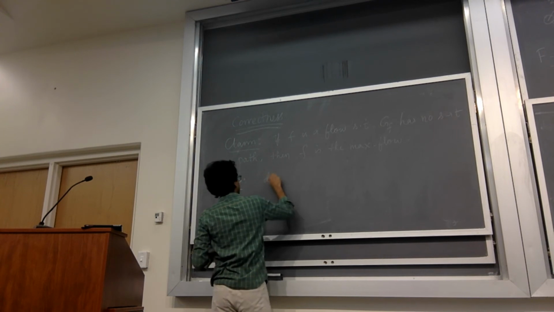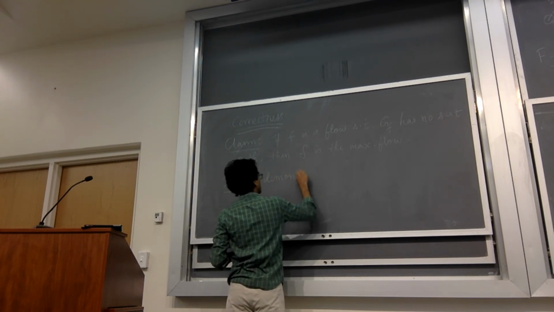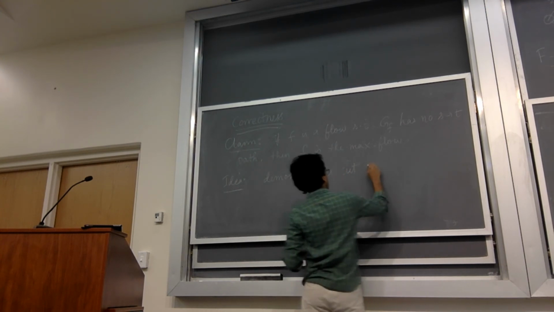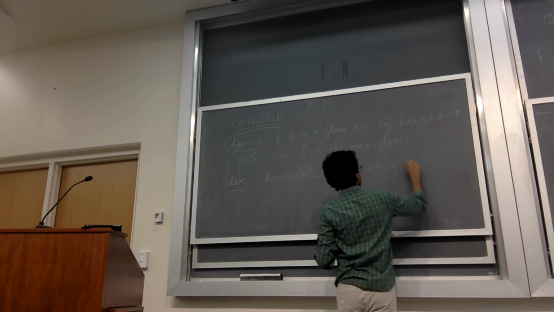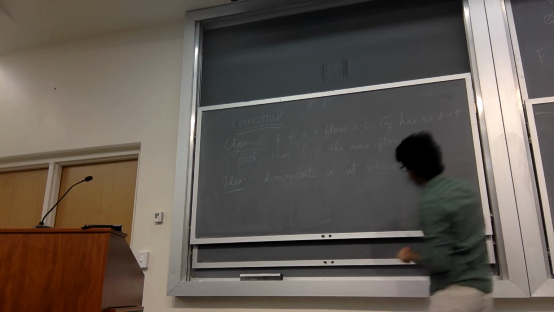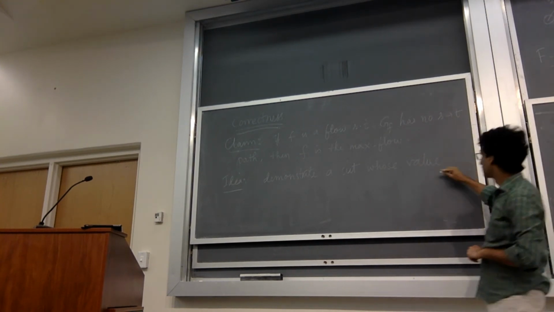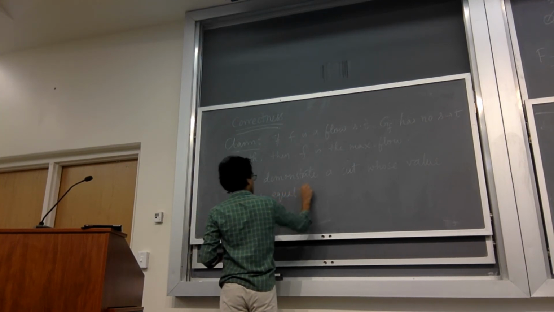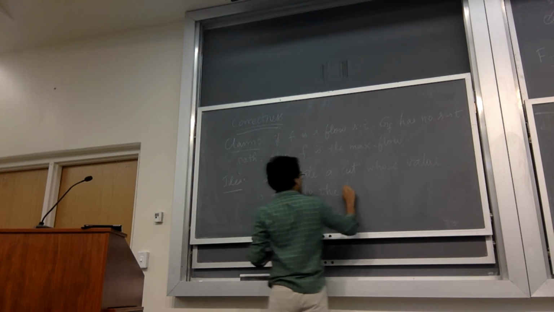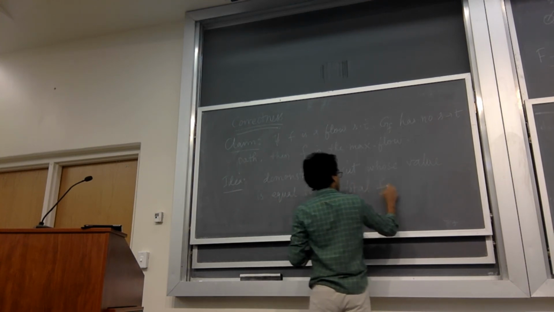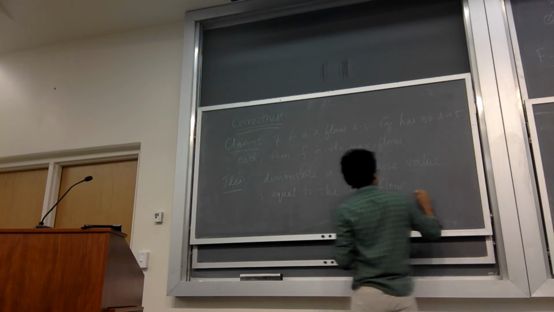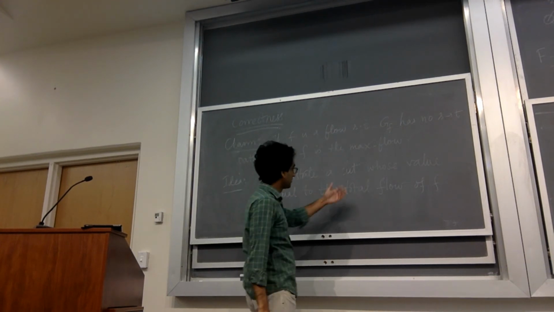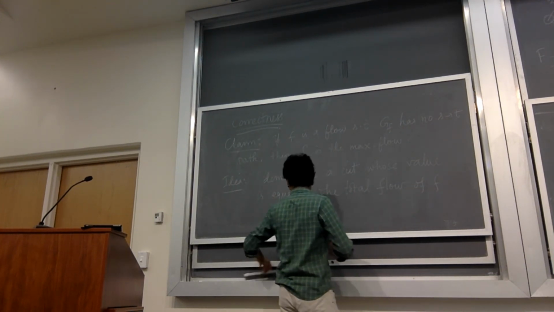So the proof idea is to demonstrate a cut whose value, so the value of a cut is simply the sum of the weights of the edges in the cut, equals the value of f.